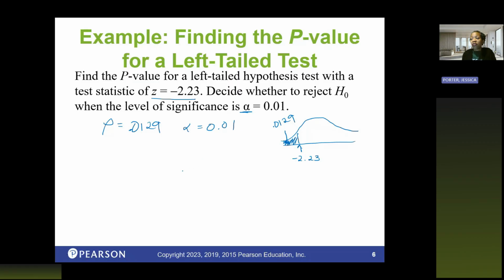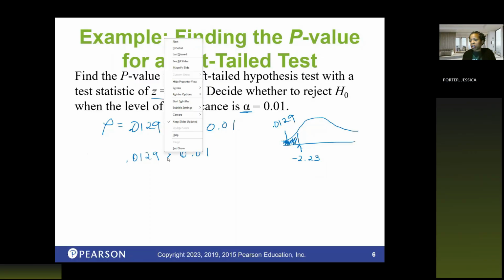Are we going to reject or fail to reject the null hypothesis? Which one is bigger? Oh, one person says p. p is bigger.